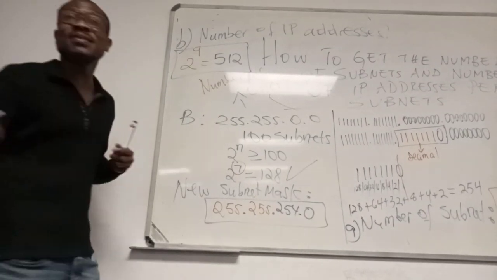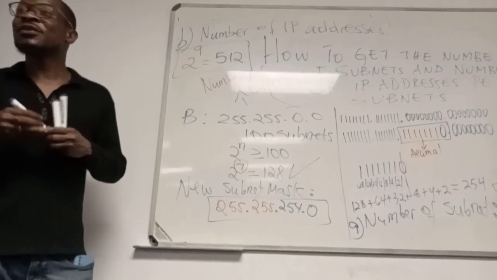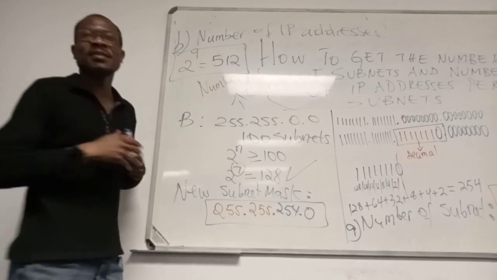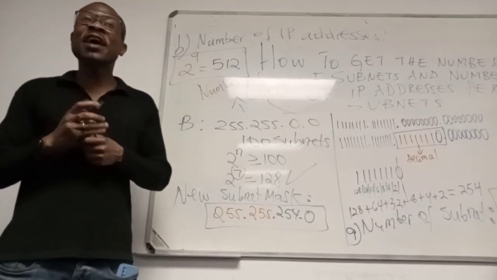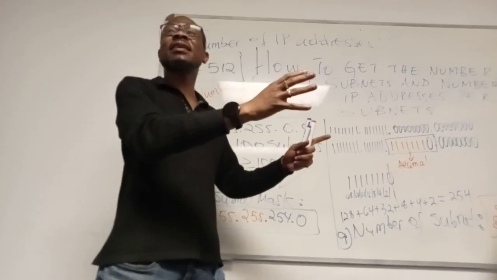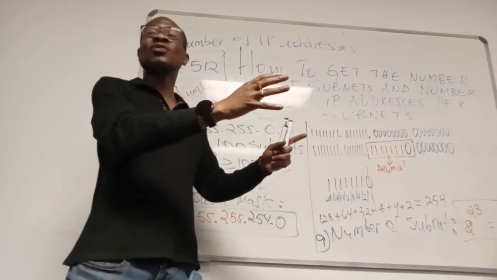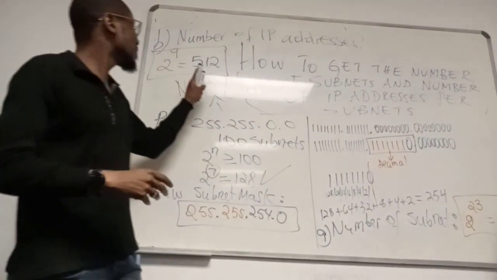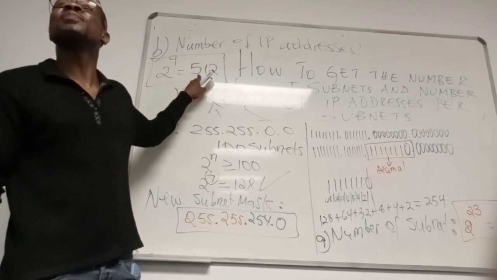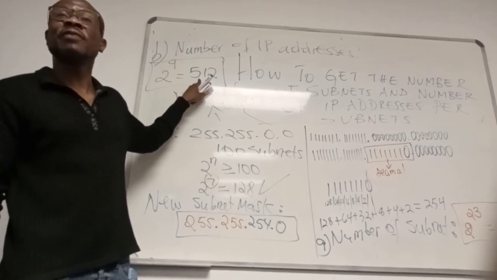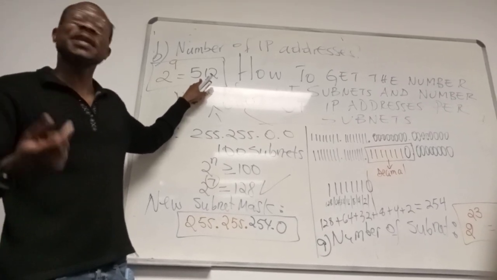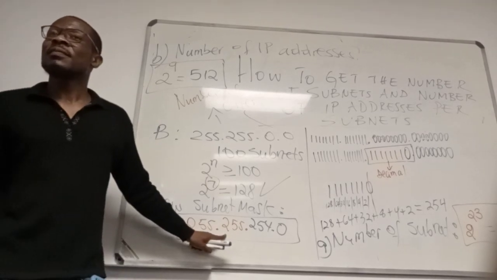So for every subnetwork, you're going to have how many IPs? So for every marketing department, that marketing department can only take 512 IPs. Right?